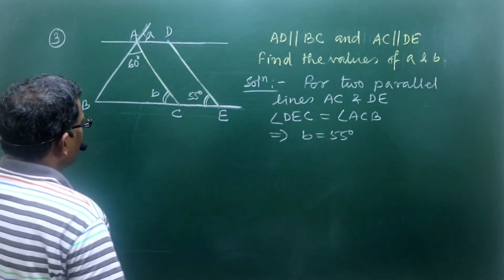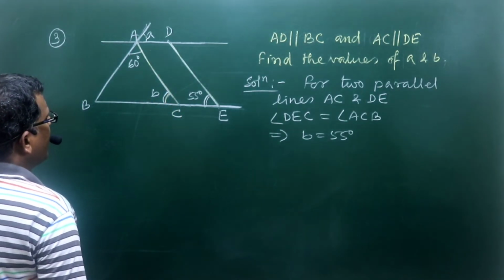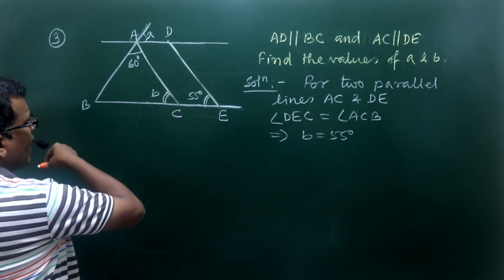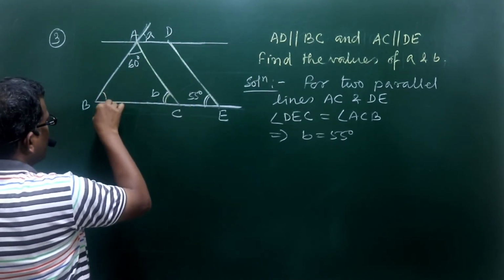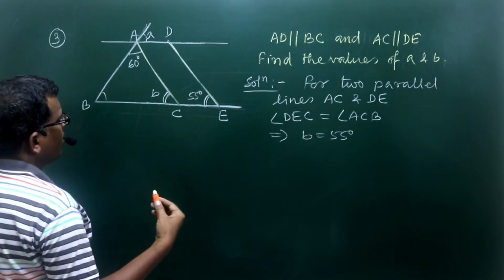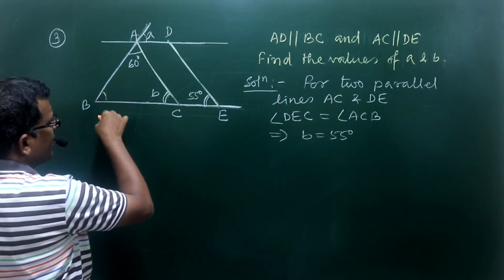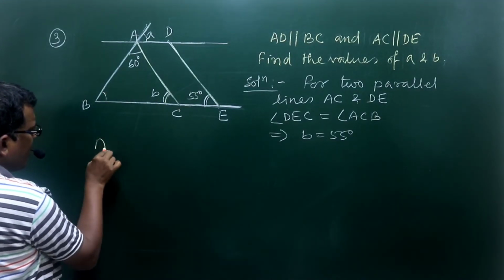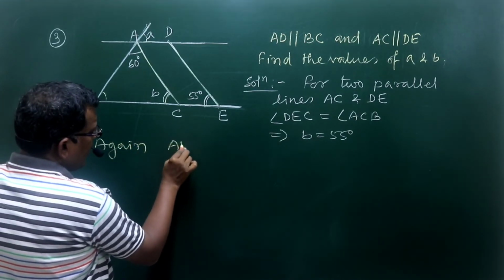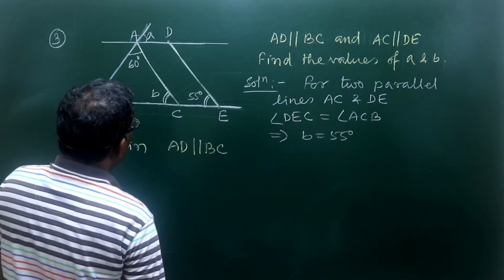Fine. So once we come to know about B as 55, then obviously we can calculate this angle also, but this is not our requirement, so we should not bother about getting this one. Again I can write down, AD being parallel to BE or BC, right?